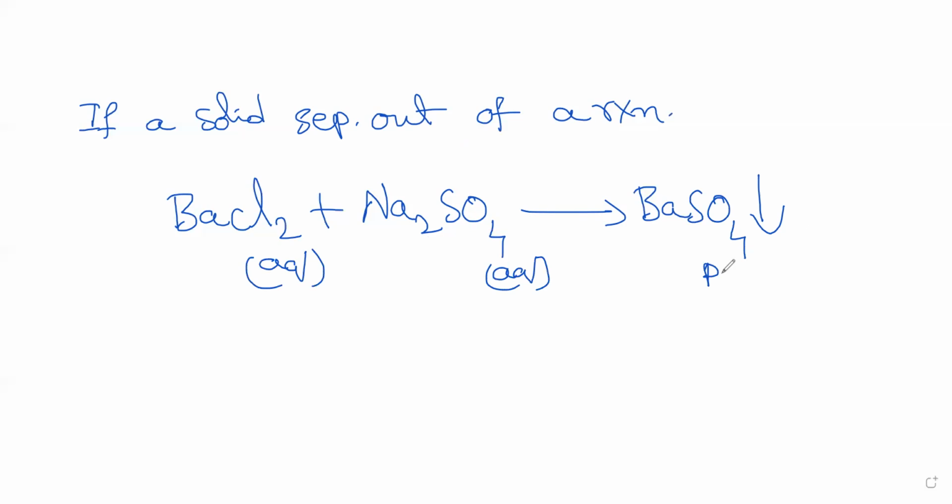When I put a down arrow, that's called a precipitate. Followed by NaCl, which will be in the dissolved state in aqueous solution. So barium sulfate will precipitate out. When a solid separates out like a precipitate, that is an irreversible reaction. Whenever you see some kind of precipitation, that is an example of an irreversible reaction.